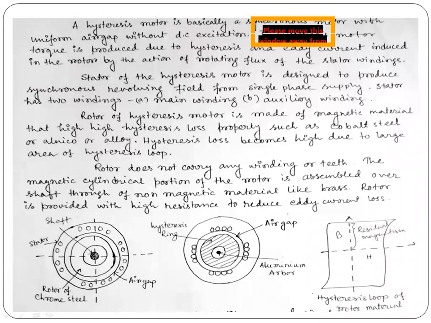Hysteresis motor is basically a synchronous motor with uniform air gap without DC excitation. In hysteresis motor, the torque is produced due to hysteresis and eddy current induced in the rotor by the action of rotating flux of the stator windings.